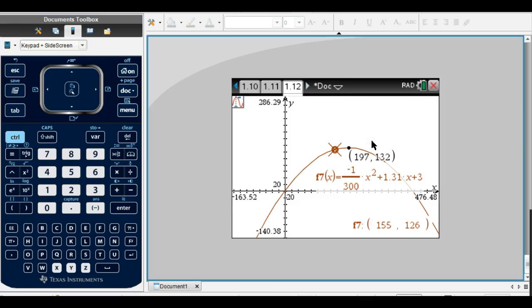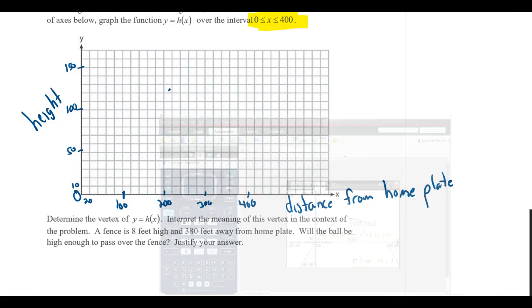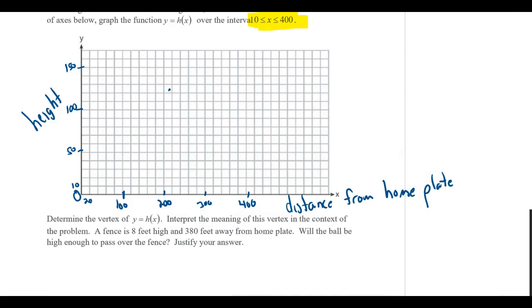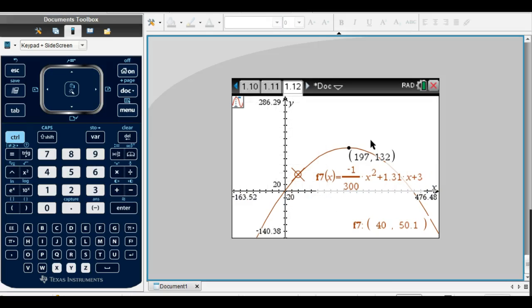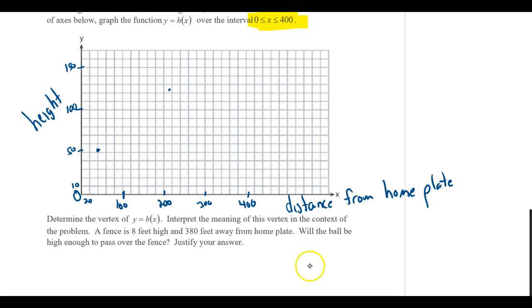For example, 40 feet from home plate, it's going to be 50.1 feet above the ground. About here. When it's 100 feet from home plate, it's about 101 feet in the air.